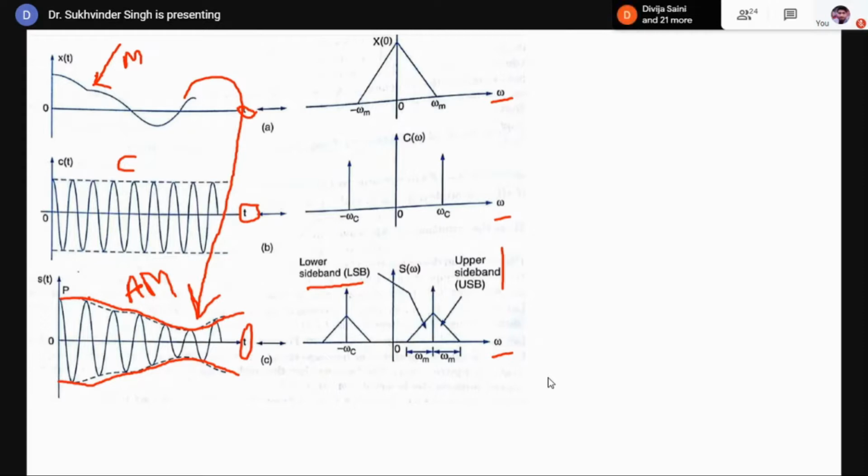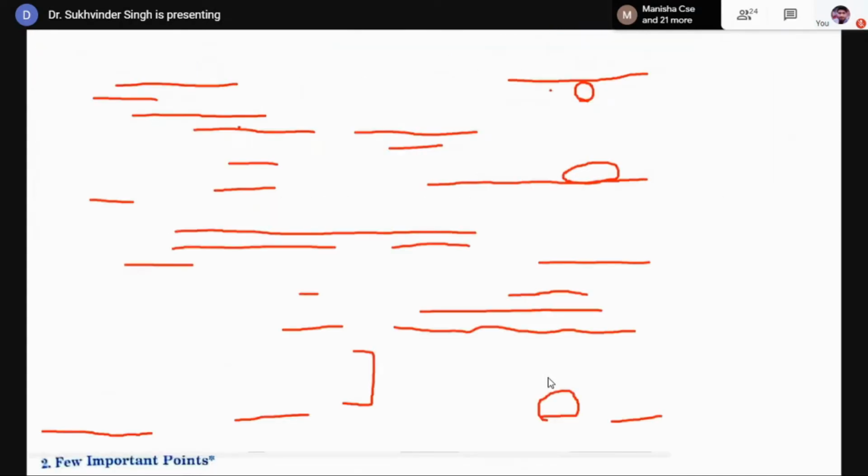And when this modulating signal is superimposed upon the carrier wave, we obtain the amplitude modulated wave, and the shape of amplitude modulated wave is similar to the shape of the modulating signal. And in the frequency domain analysis, we obtained two bands, lower side band and the upper side band in case of amplitude modulated wave. So this was all about our previous lecture.